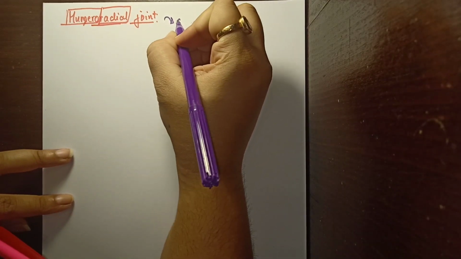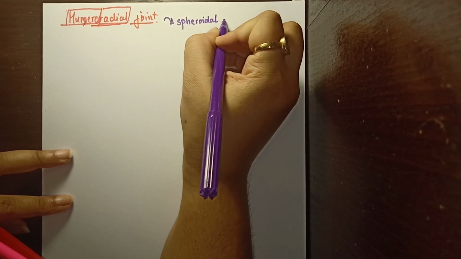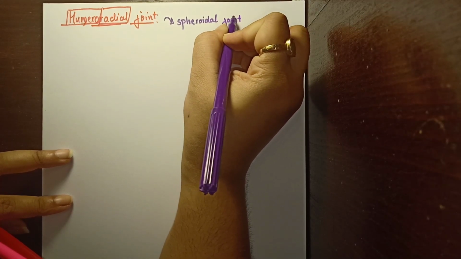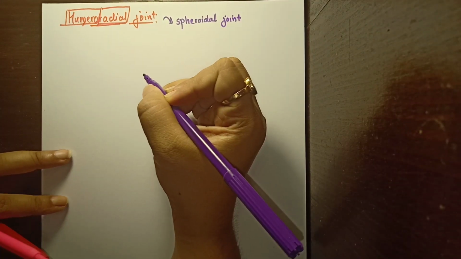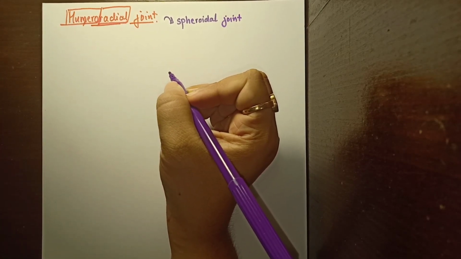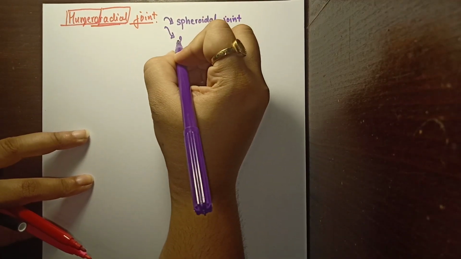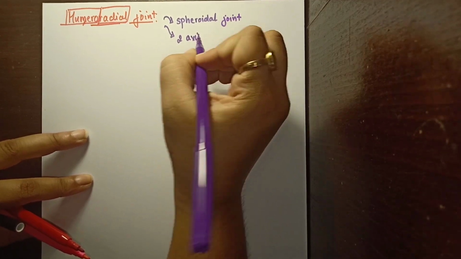This joint is a spheroidal joint, and it has two axes. In the humero-ulnar joint we have only a single axis movement, and here we have two axis movement.